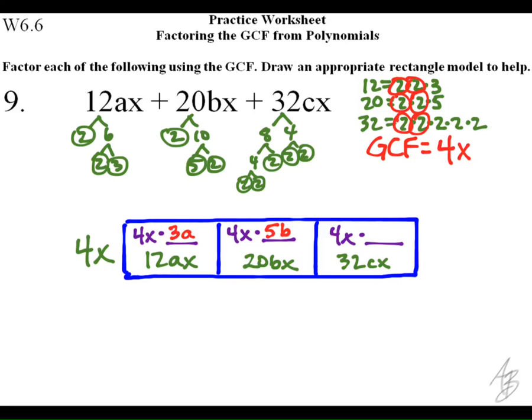We already have the X, but we need the B. What do I multiply by 4 to get 32? 8, and then I need the C because there's no C in here yet, so we're going to have the C. So the widths of the rectangles are going to be 3A, 5B, and 8C.